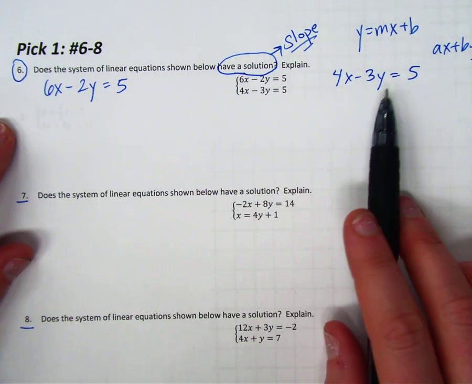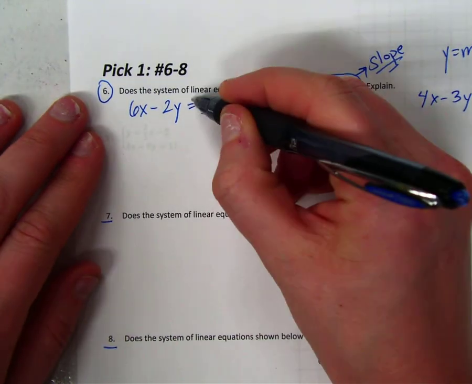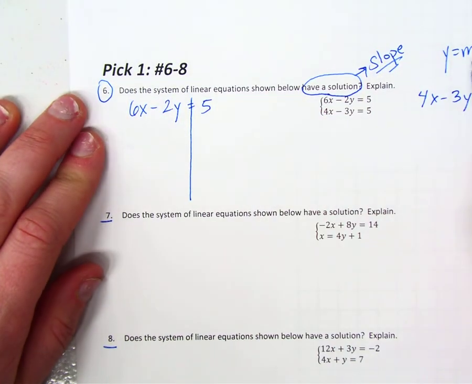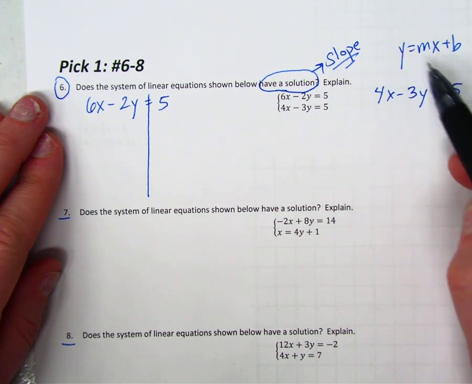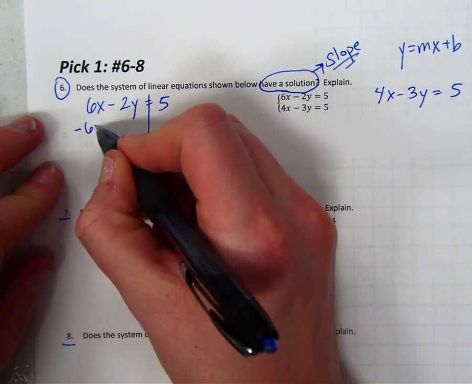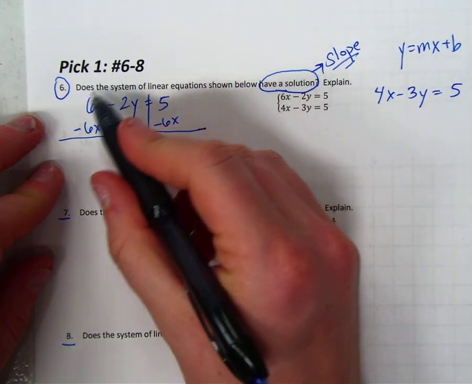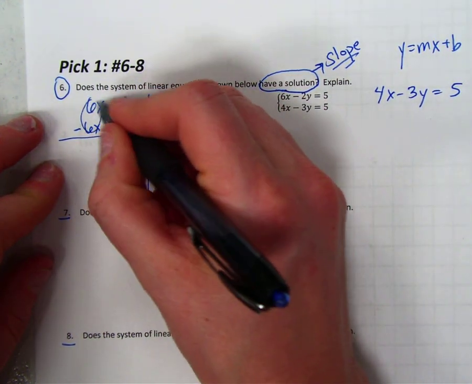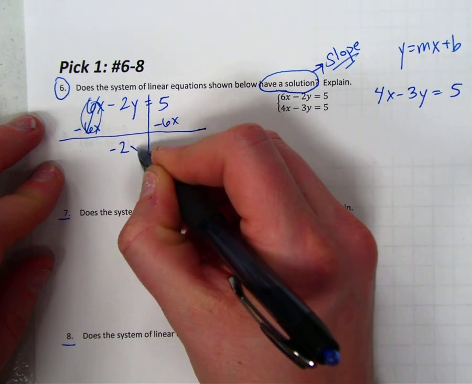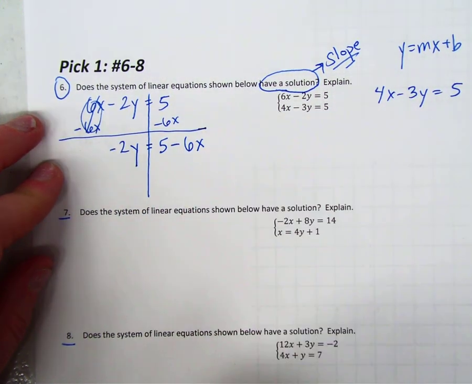I have 2 equations. I have to switch both of them. I'm going to start with this one. I want it to look like this, so I need to get y by itself. I'm going to start by subtracting 6x from both sides. This makes a 0, which means I'm left with negative 2y equals 5 minus 6x.